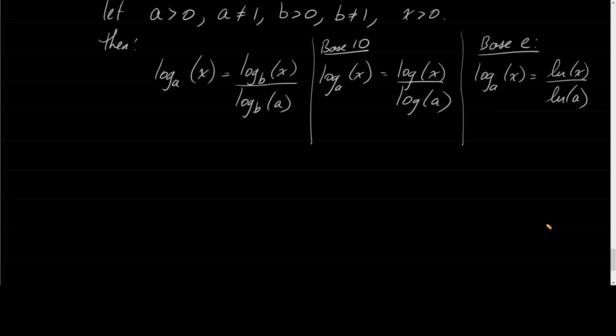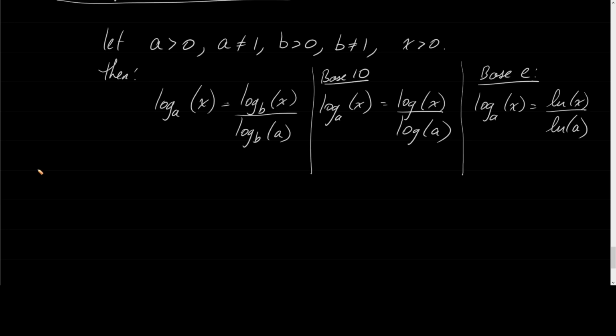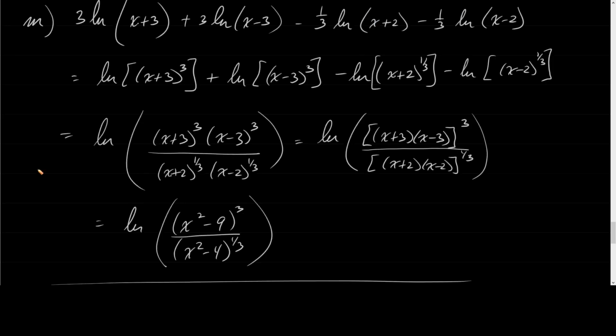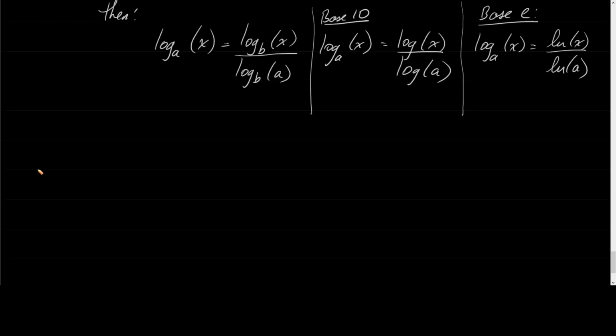So for example, if I had something like log base 2 of X minus log base 3 of 7, well, because they're different bases, I can't just combine them in any way here. But what I can do is put them all in the same base using something like this.